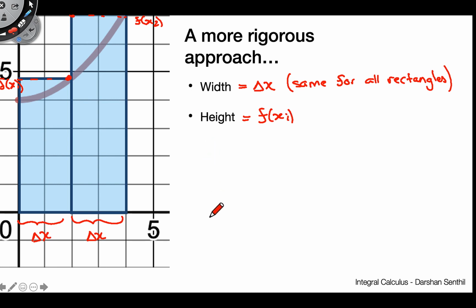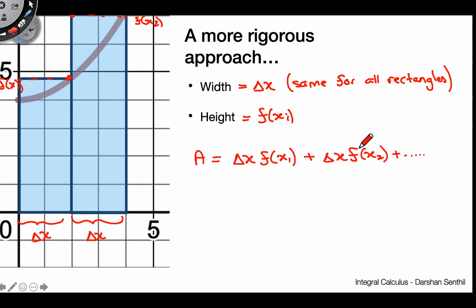Right? Now, okay, I have my width and my height. Now, to get my area, all I need to do is multiply these two things together and then add for each rectangle, right? So all I have to do now is I can say, all right, so my area is going to be delta x times f of x sub 1 plus delta x times f of x sub 2, and so on and so forth, right?